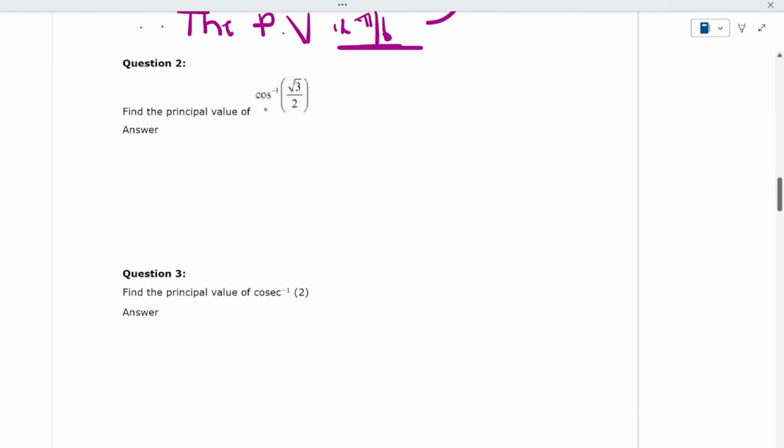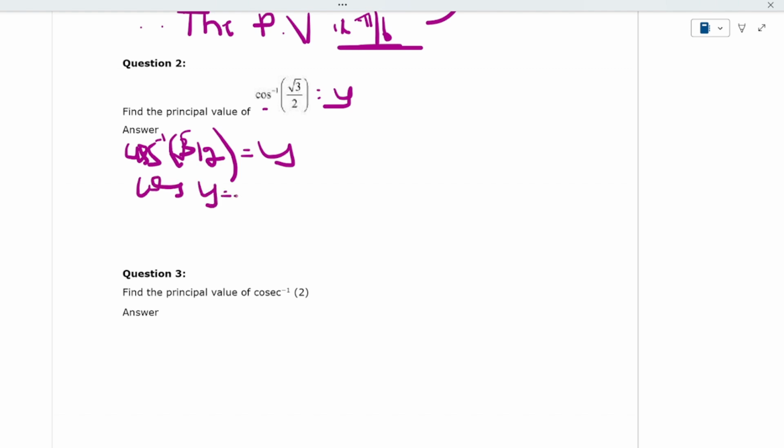Next, they have given cos inverse of root 3 by 2. The same way you consider this to be y, and write the question, cos inverse of root 3 divided by 2 is equal to y. Now if you bring this here, it will become cos y is equal to root 3 divided by 2, and that value will be equal to pi by 6.